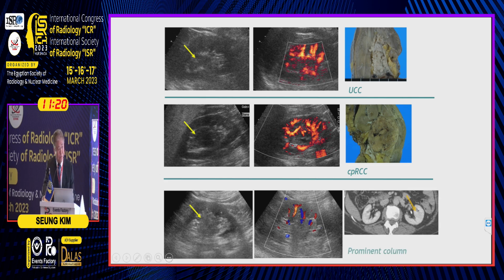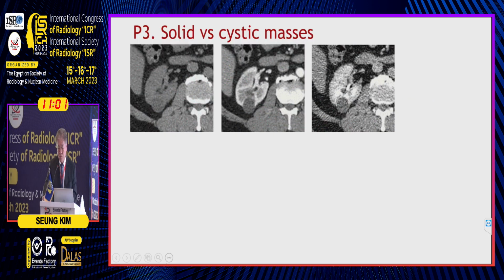And the third one, there was nothing on CT scan; it was a prominent column of Bertin bulging into the hilar area. So when you see something suspicious in the renal hilar area, you need to be careful, and usually you need a CT scan to confirm the cause of these abnormal findings.